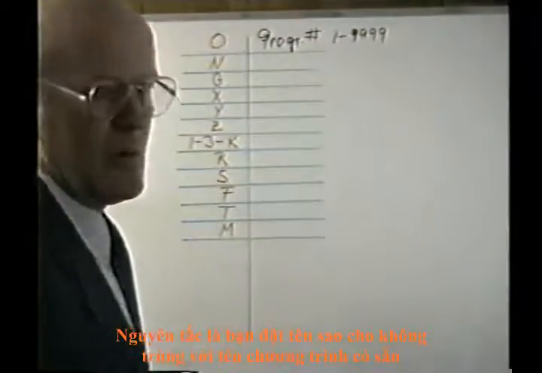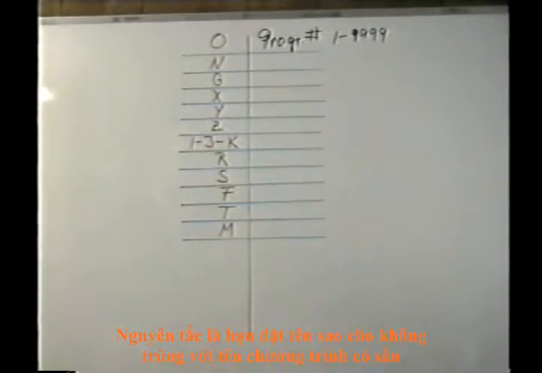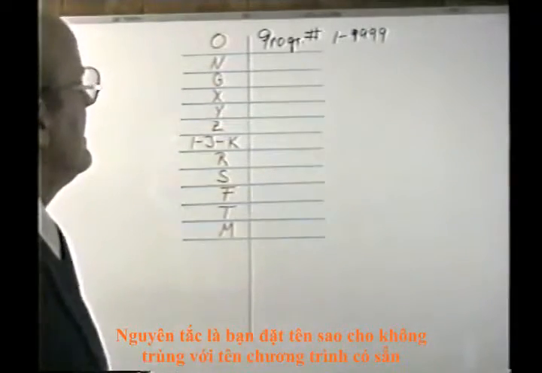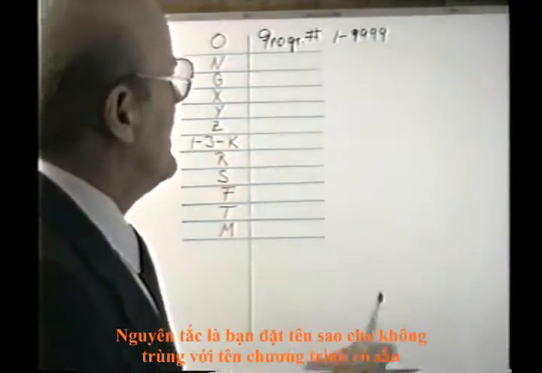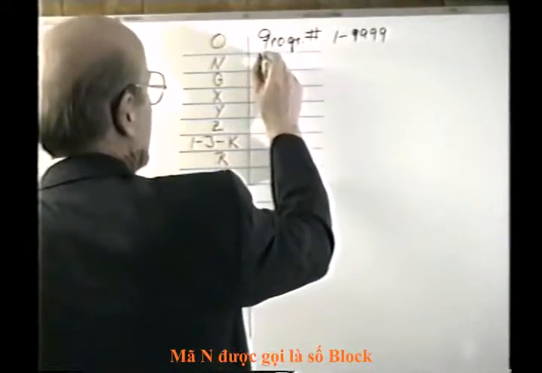It could actually be more on the newer controls, and the only rule on this is you pick a number that's not already in the control. You number your program whatever you like, as long as you don't use the number that has already been put into the control. The N code is a block number.